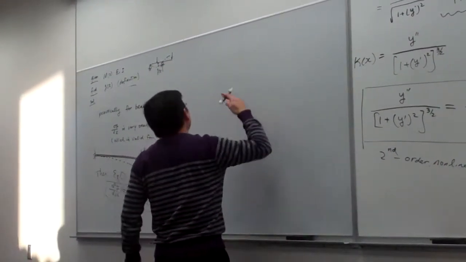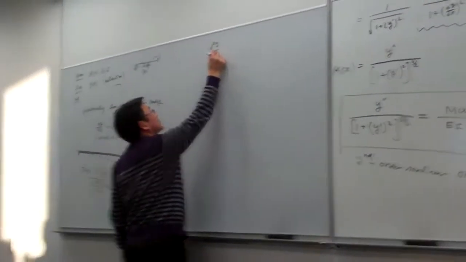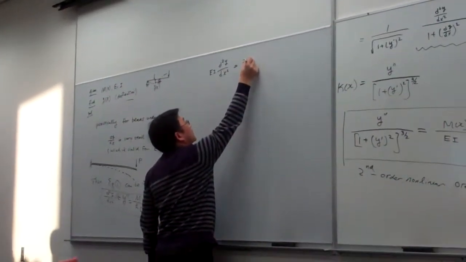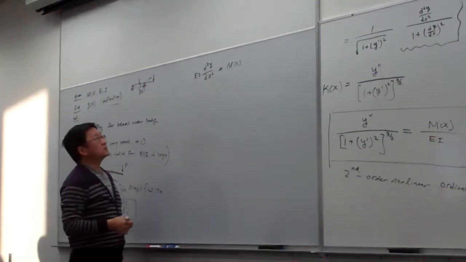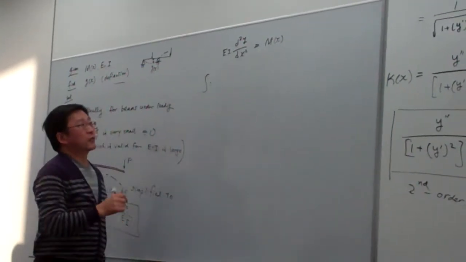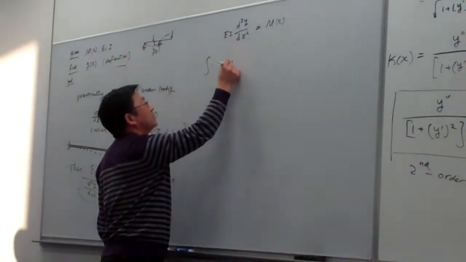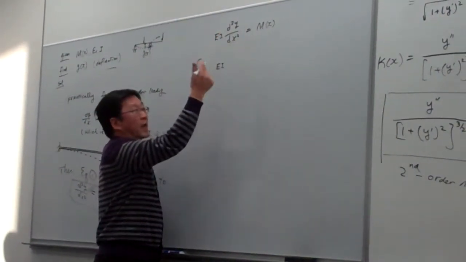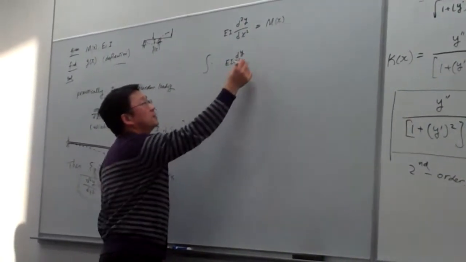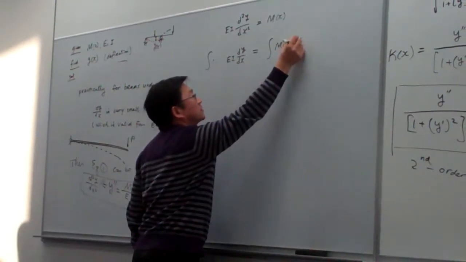So right now I'm going to review the differential equations. For this example, d squared y over dx squared times EI will be equal to M. For example, M in general is a function of x. So here we integrate this equation on both sides. Here is EI, so this is a double derivative, and after integration that reduces the order by 1. So this is the integration of M(x) dx.